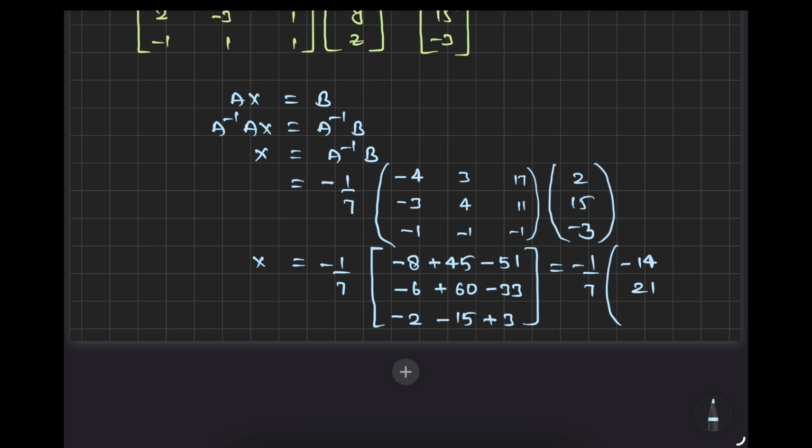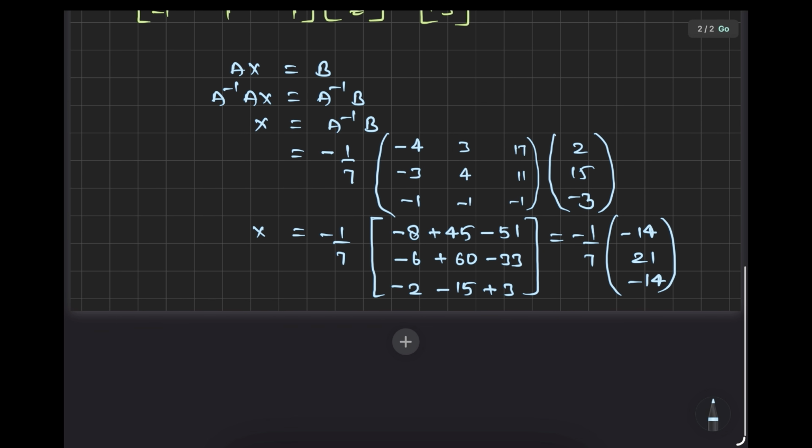Now this is 12, 14, so it will become minus 14. Comfortable? Now let's multiply. If you multiply a number to a matrix, you have to multiply it by all the elements. So you will get 2, minus 3 and 2.